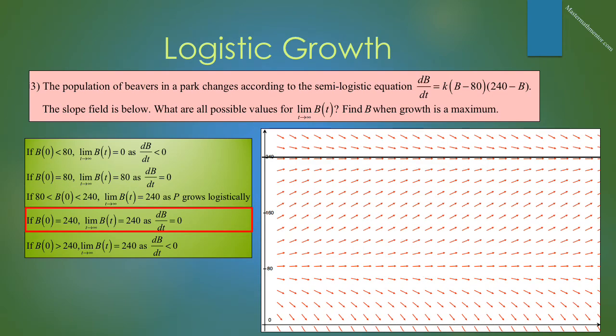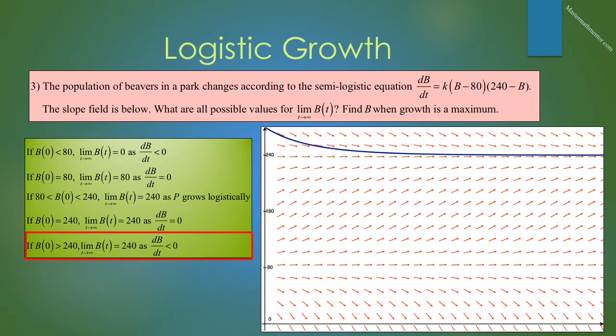Suppose the initial number of beavers is exactly 240. Then our slope field shows that the number of beavers will not change, and therefore the limit of B(t) as t approaches infinity is equal to 240 because dB/dt is equal to 0.